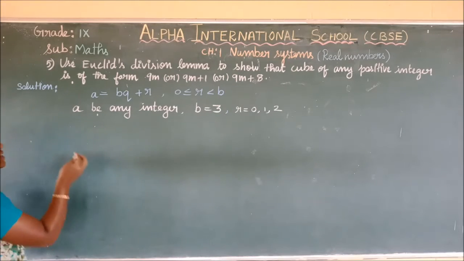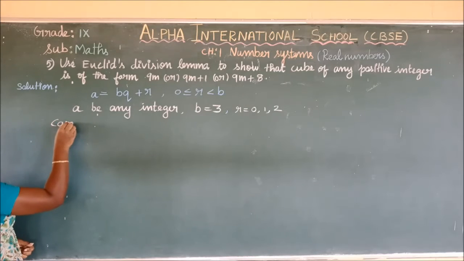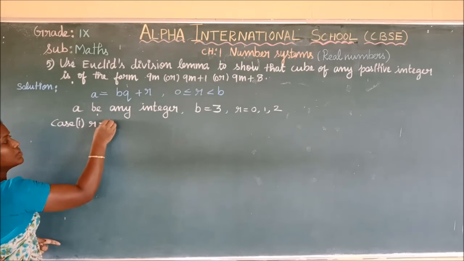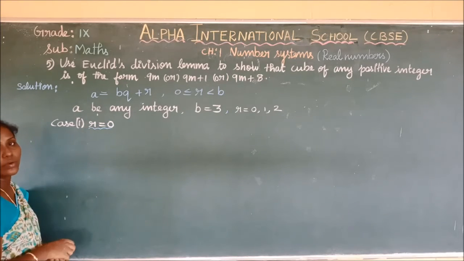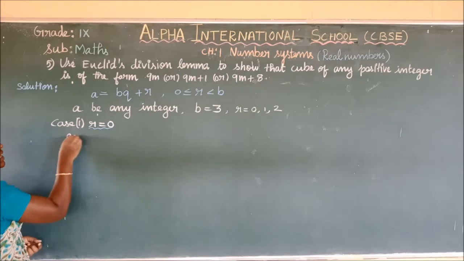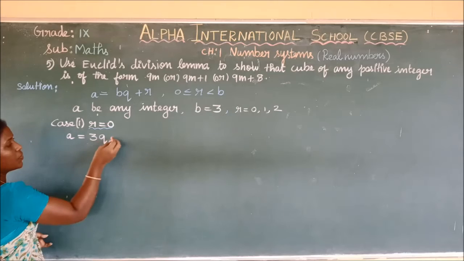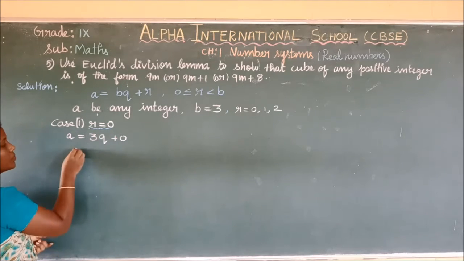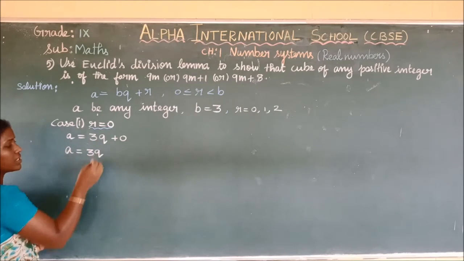As we did before, take the first case. Case 1: the remainder is equal to 0. In case 1 we are considering the remainder equal to 0. How to rewrite? a is equal to 3q plus the remainder 0, which gives a is equal to 3q.